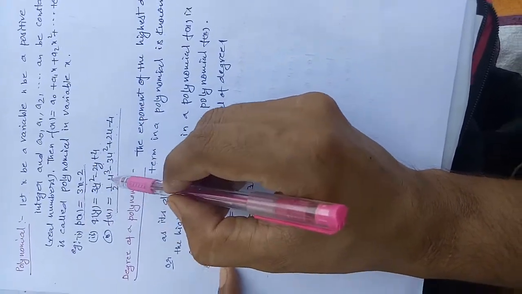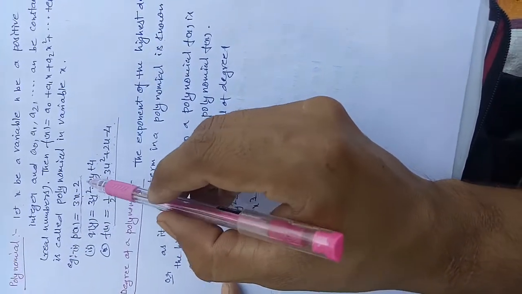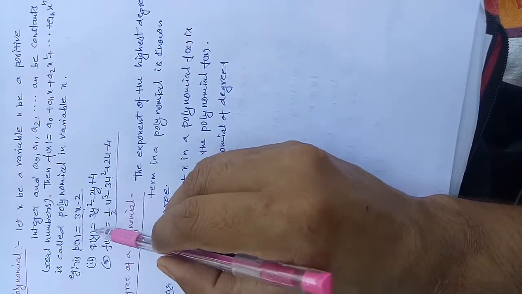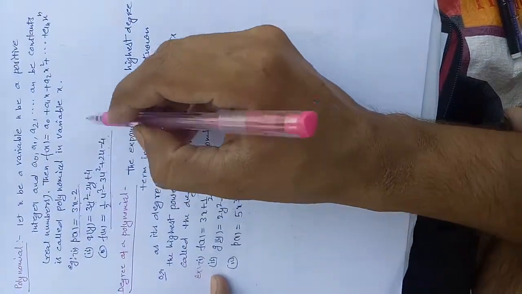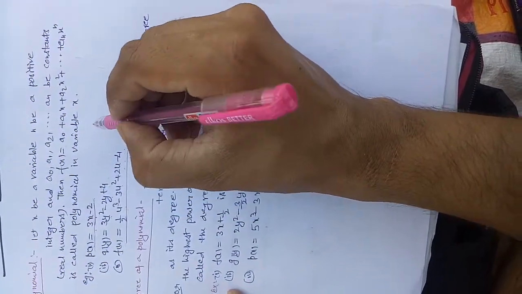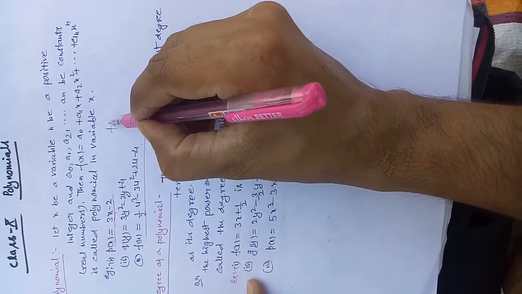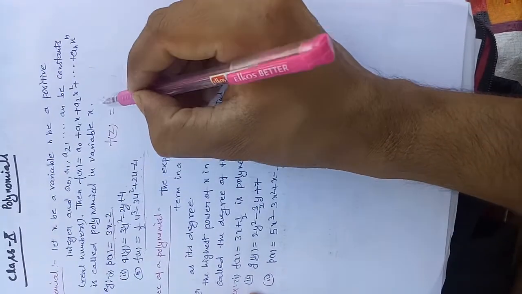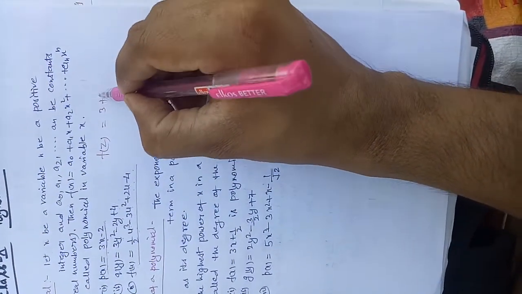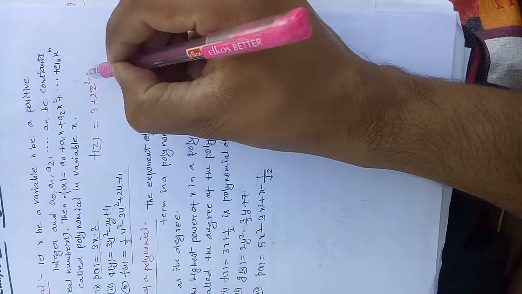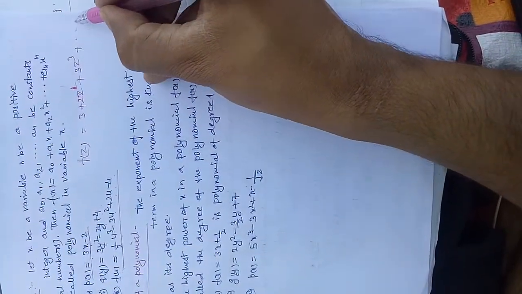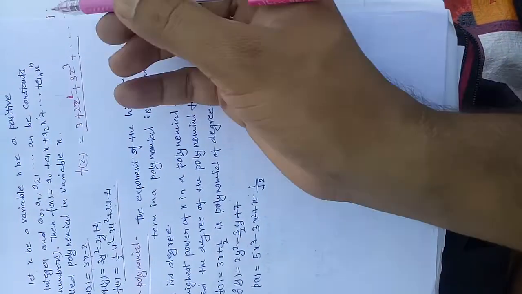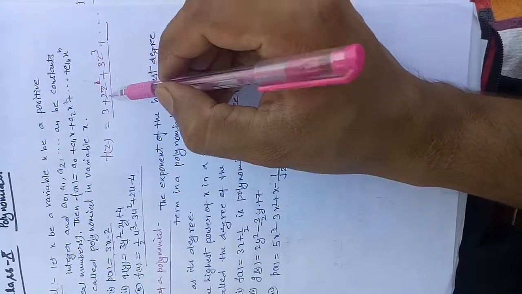So they are the exponent or degree of the variable in terms of x, in terms of y, in terms of u. Let us take another example like f(z). So we have 3 plus 2z square plus 3z cube and so on. So this is the polynomial in terms of z variable.